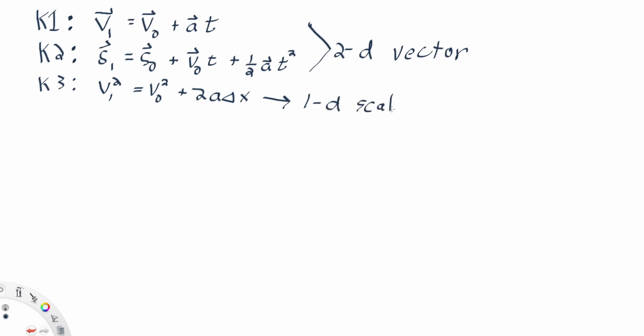So K3 can only be applied in one direction at a time. And you never have to use K3. You can always use K1 and K2. K3 is really just about convenience because it doesn't have any time in the equation. These are our tools to solve everything in the first 2 chapters of the textbook.